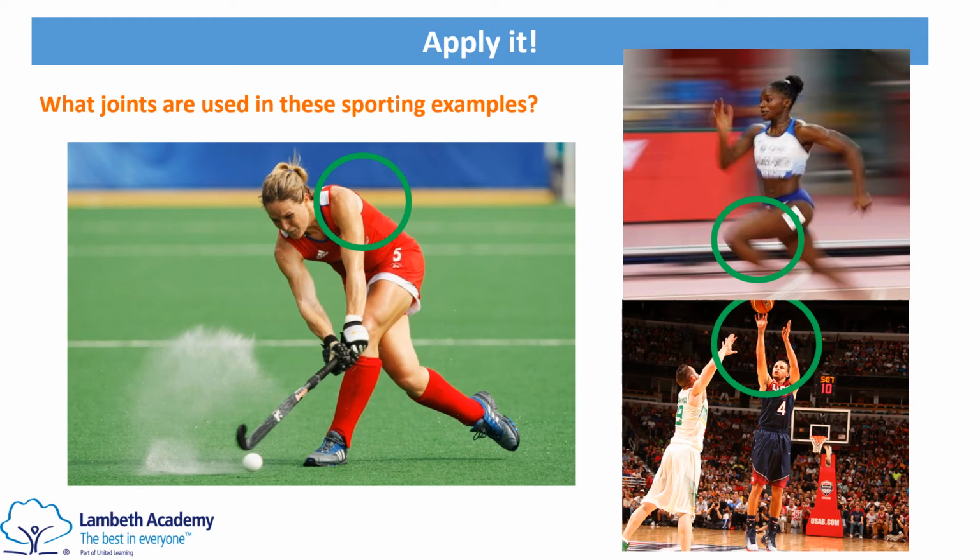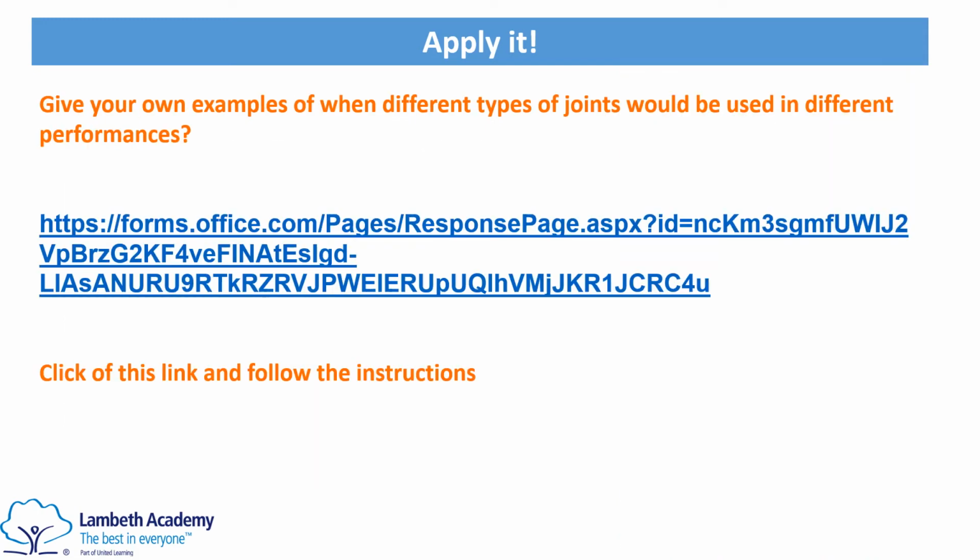Now I want you guys to have a go at this on your own. Please click on this link and it will take you to a form. When you get to that form, it will ask you to give an example of each joint in relation to a sporting action. Once you've completed that, just close the window, you don't need to do anything else, and then join me back on this PowerPoint.